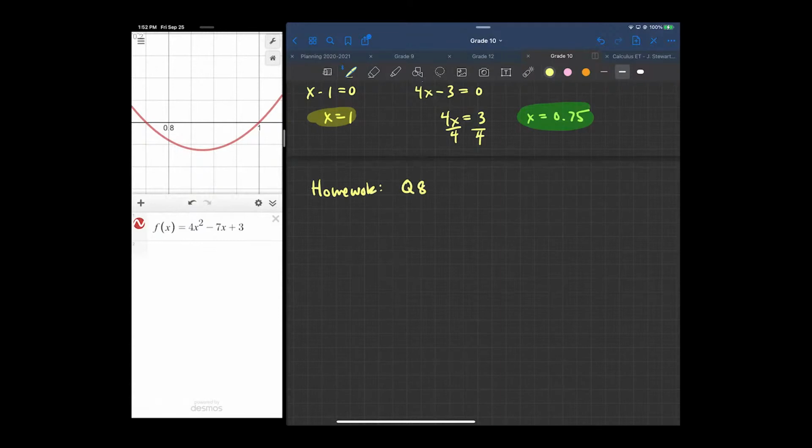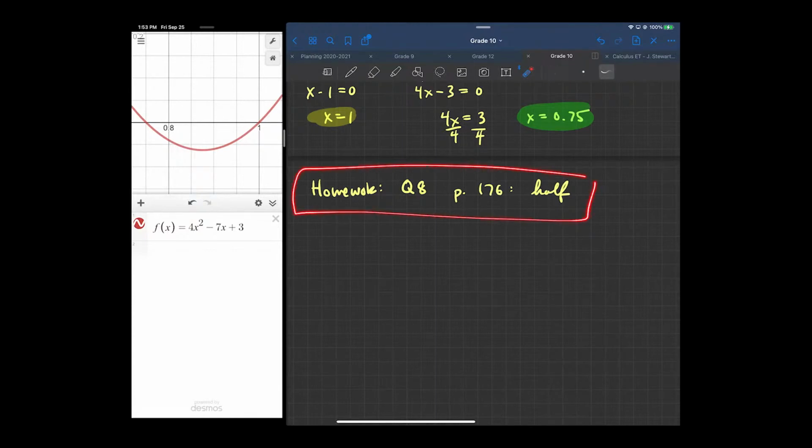Question 8 on page 176. Okay, and we'll do half of them. Don't feel like you need to do all 6. We'll just do 3 of them. So just 3 questions, but they're not easy questions. They're pretty tough. But I also don't want to make you so busy that you don't have enough time to work on the assignment.